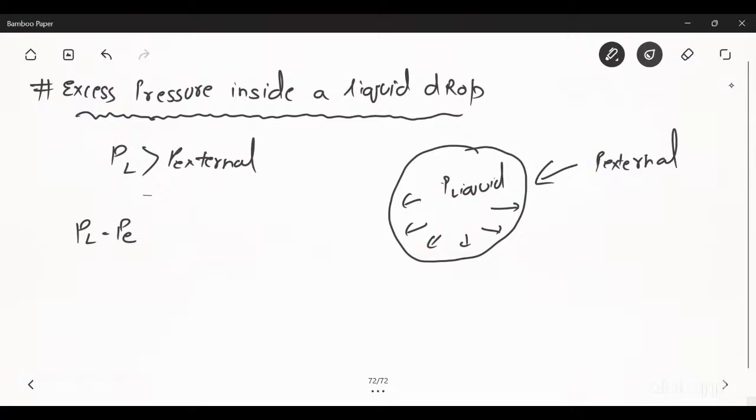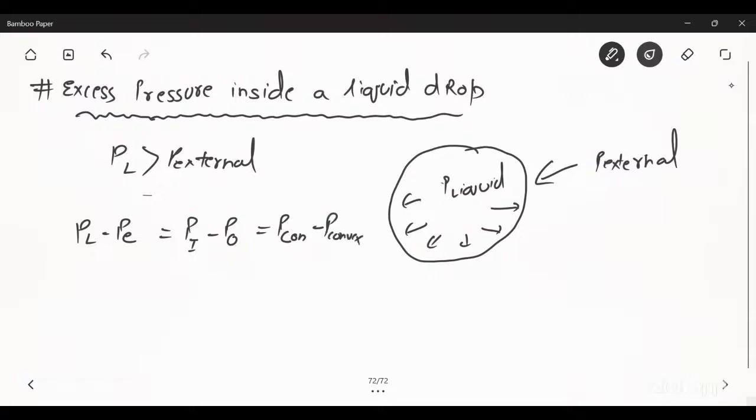You can write it as pressure of liquid minus pressure of external, or pressure inside minus pressure outside, or pressure at concave side minus pressure at convex side.